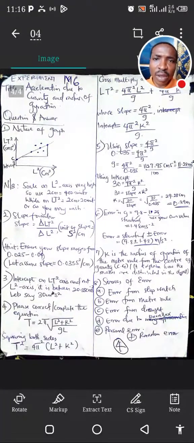I'm trying to slide back there. I'm having some challenge. Okay, so you're supposed to get that on the L square axis. Okay, so that is a question number one. We are asked to plot the graph. Plot the graph of LT square against L square. So you can check the question, please, on your manual.